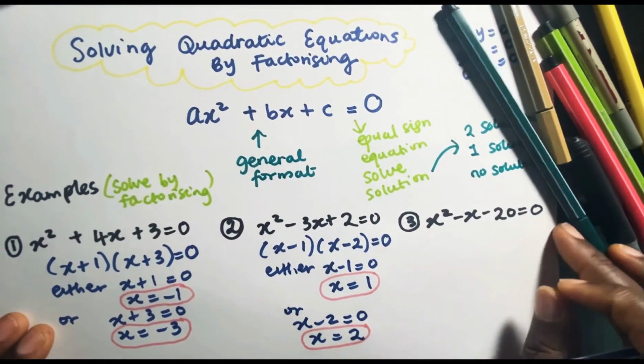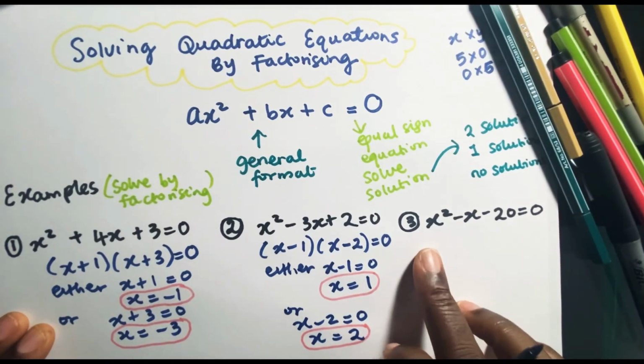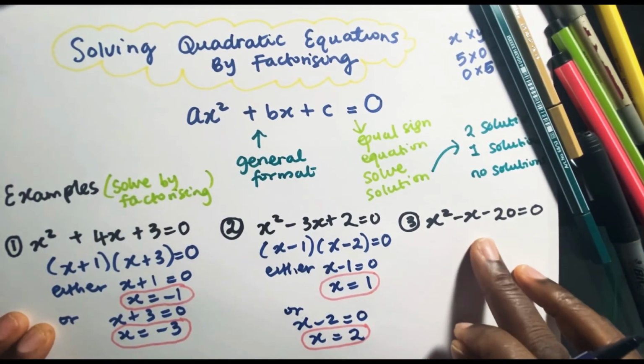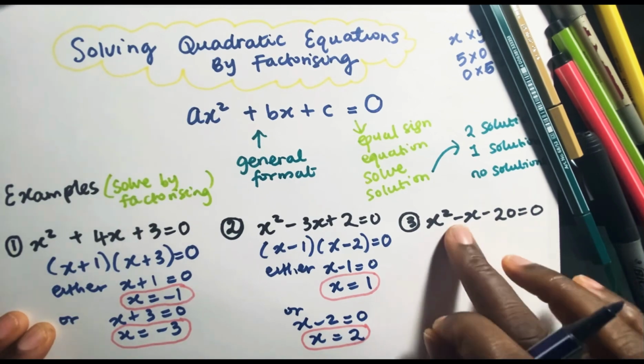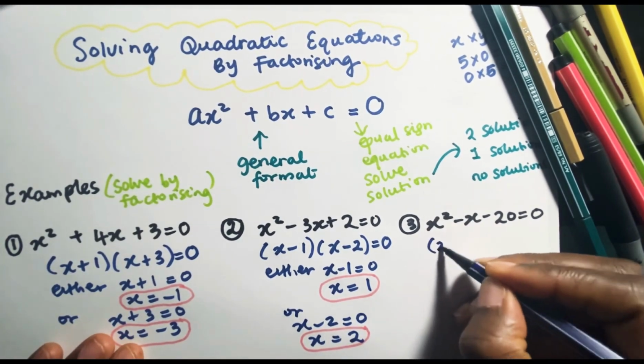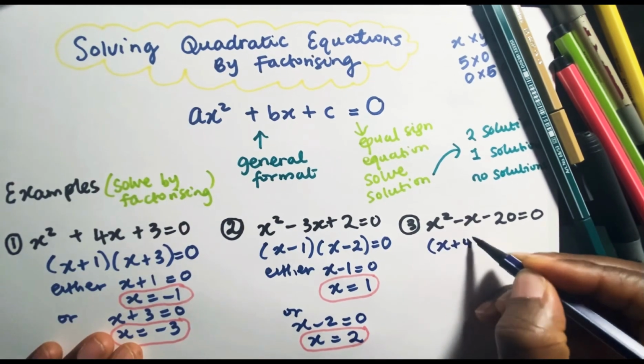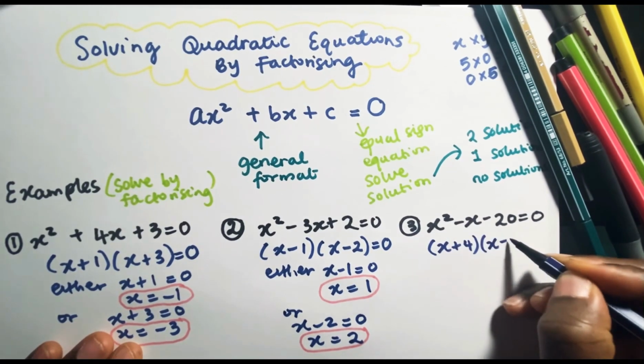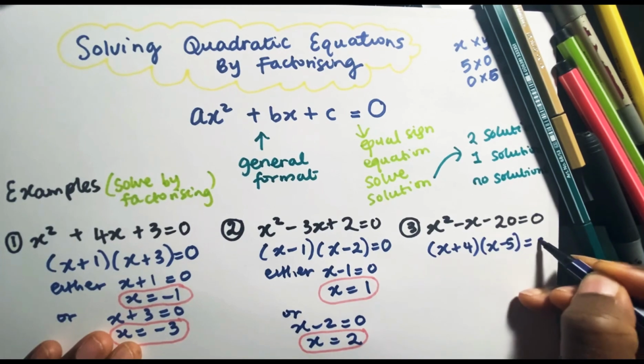In the last example, it says solve by factorizing x squared minus x minus 20. Remember, this is 1x, and if we factorize this, we would have x plus 4 times x minus 5 equal to 0.